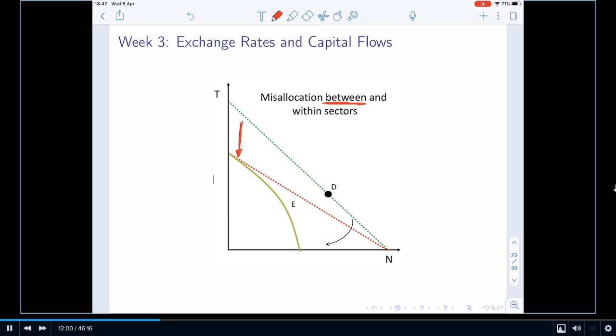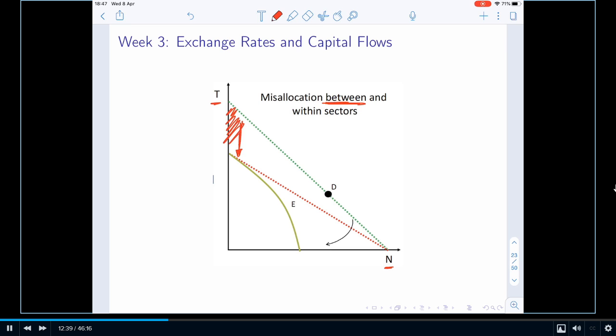So you can think about it as the non-tradable sector being subsidized and the tradable sector being taxed in some sense, which meant that when you shifted resources from the non-tradable to the tradable sector, i.e. when you reduced one unit of output in the non-tradable sector, you got less of an increase in output in the tradable sector. So the relative returns of investing resources in non-tradable versus tradable were distorted. This caused the slope to flatten, and also the PPF moved in.